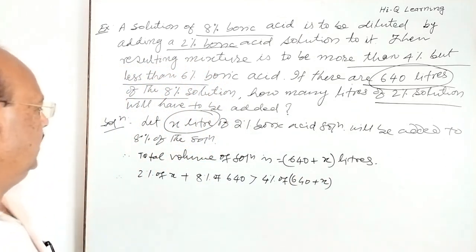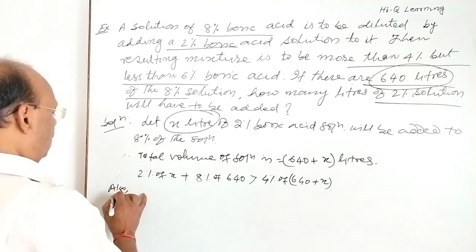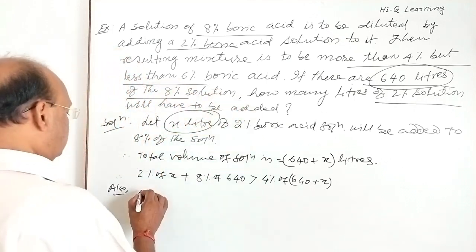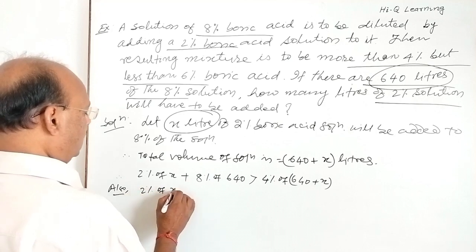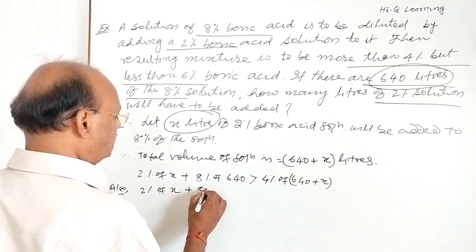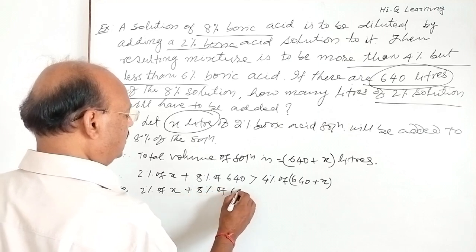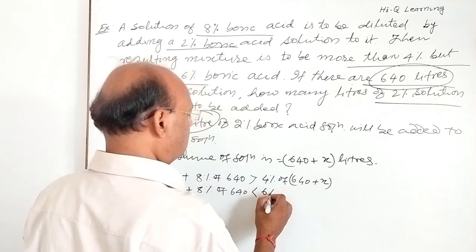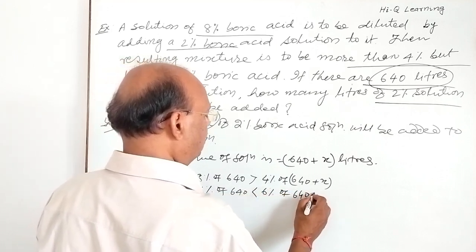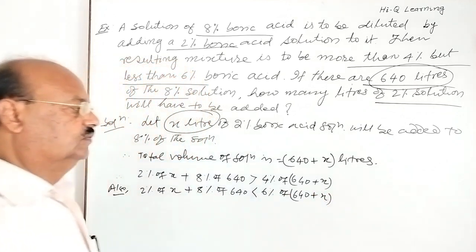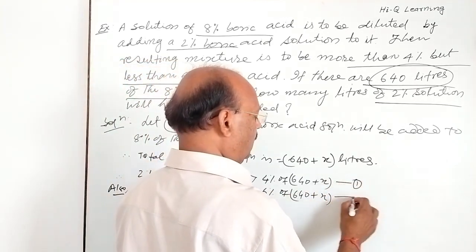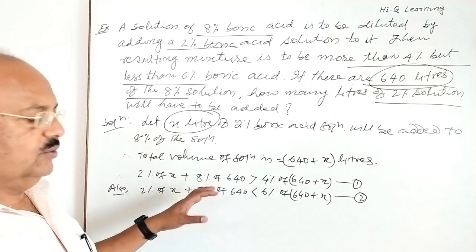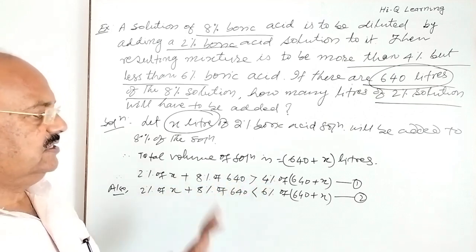Similarly, in the second case, the concentration should be less than 6%. So 2% of X liters of solution plus 8% of 640 liters of solution should be less than 6% of 640 plus X. We are getting two cases here because this is a case of inequality. The concentration should be between 4% and 6%.